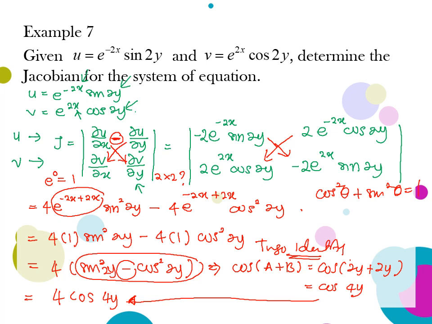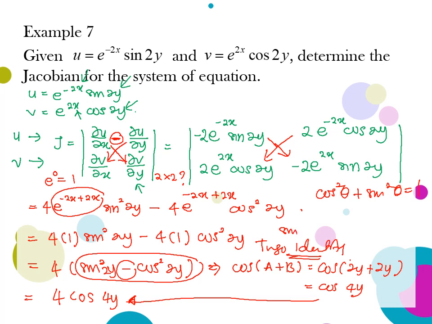Since the operation here is minus, there is another property for this trigonometry, the property is like this.